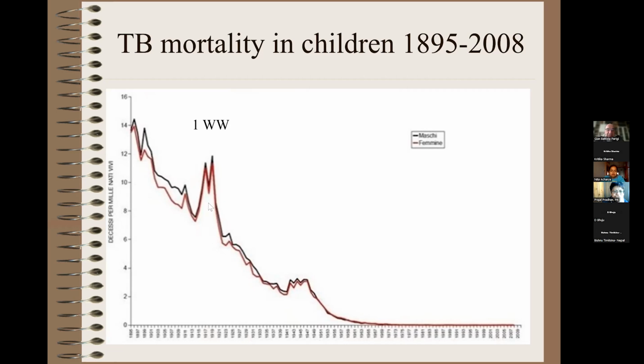These two peaks, the First World War, the Second World War, and children do not die in the war. They die because of lack of proper food, of assistance, etc. Again, there is this second peak after the First World War. This was the Spanish influenza. What we are dealing with now, the COVID, happened there.